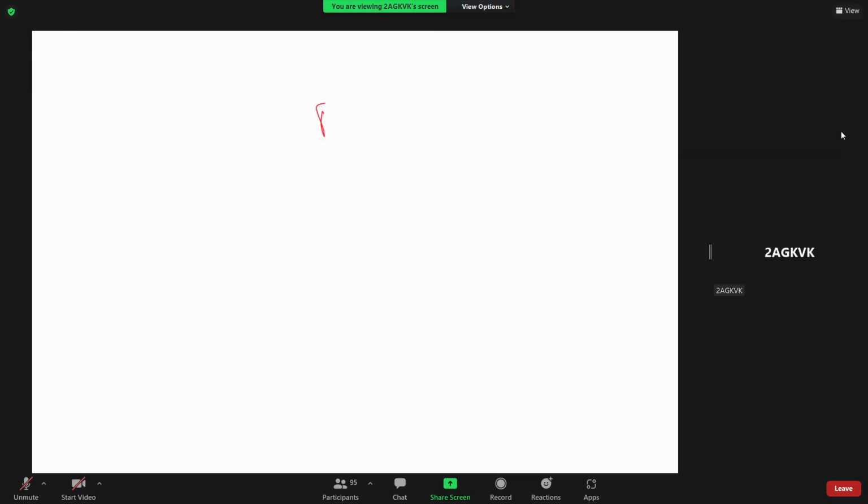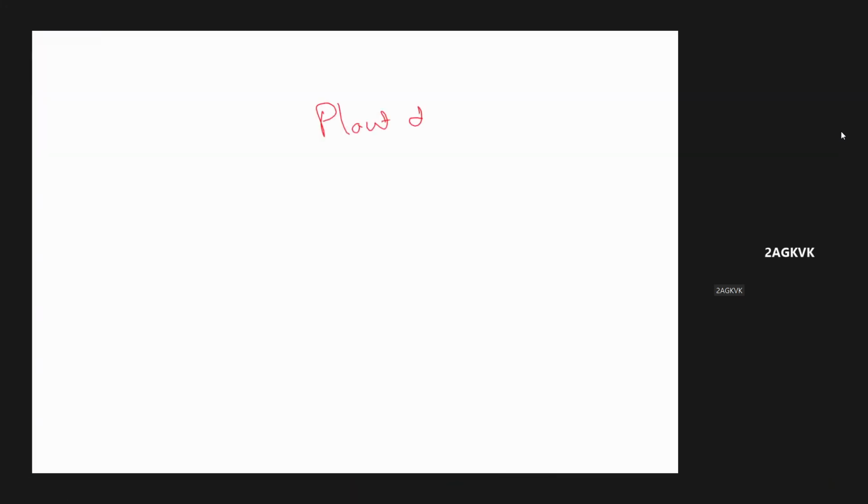Okay, we were talking about the plant disease. The American Phytopathological Society defines it as a deviation from normal functioning. Functioning of what?